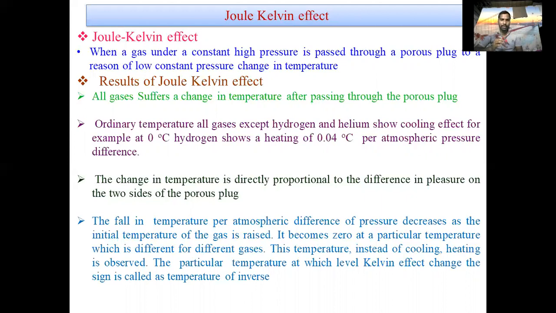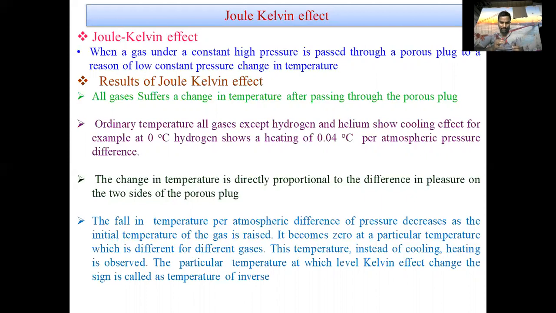At ordinary temperatures, all gases except hydrogen and helium show a cooling effect. For example, at 0 degrees Celsius they show a heating effect for the atmosphere. Why? Because the critical temperature is very low compared to ordinary temperature.